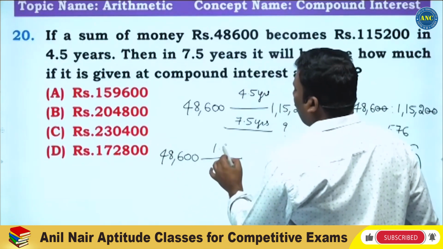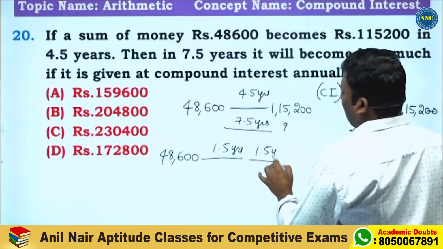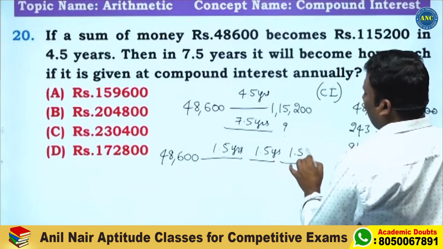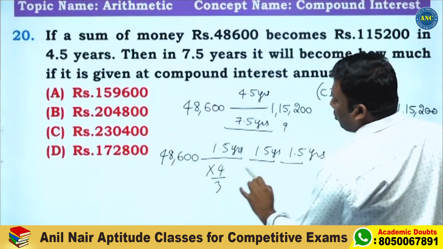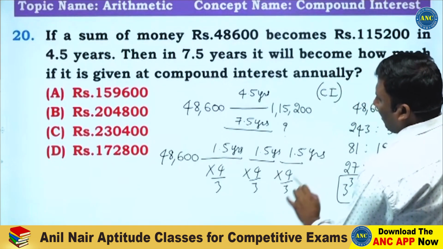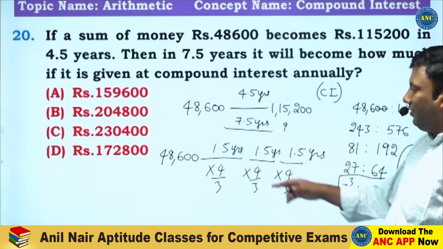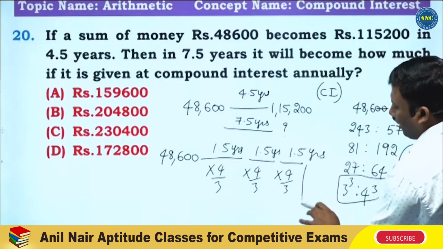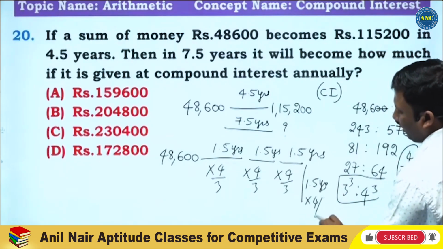48,600 after 1.5 years. Are you all with me? Scaling factor will be into 4 by 3, into 4 by 3, into 4 by 3. I want after 7.5 years, 4.5 years over. Again after 1.5 years, into 4 by 3.